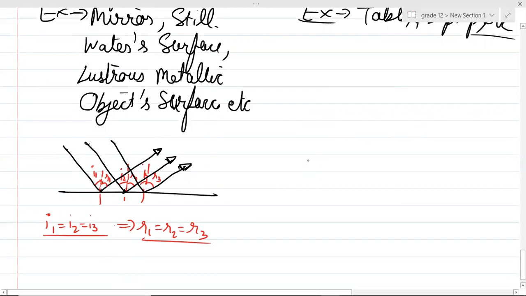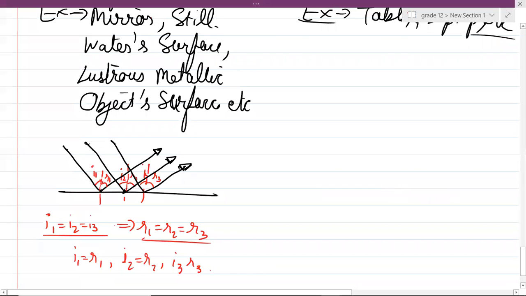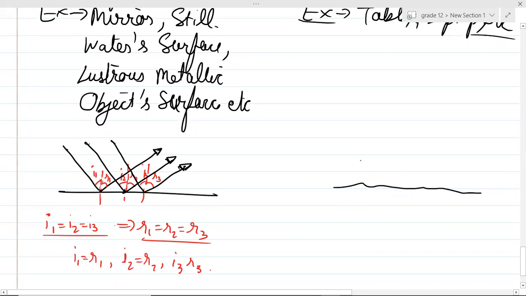Here I1 is equal to R1, I2 is equal to R2, and I3 is equal to R3. But in the case of irregular reflection, suppose you have a rough surface, and you incident a parallel light, then what will happen? Please draw perfectly. This is 10th grade portion, so I'm not wasting much time on it.